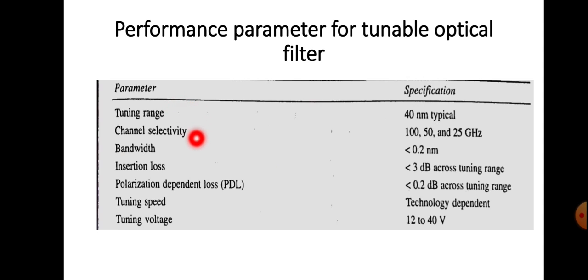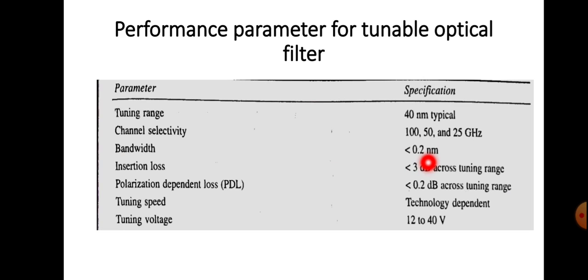We use different parameters such as tuning range, channel selectivity, bandwidth, insertion loss, polarization dependent loss, tuning speed and tuning voltage. Usually the tuning range is typically 14 nanometer, the channel selectivity is 150 and 25 gigahertz, and the bandwidth is less than 0.2 nanometer.